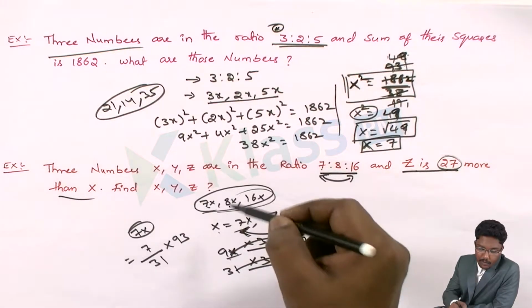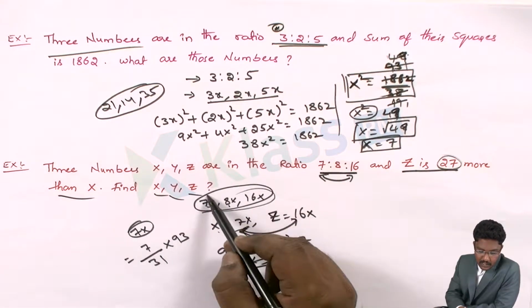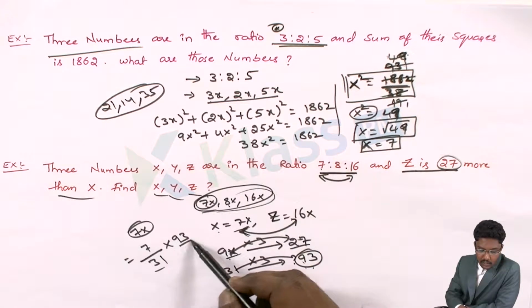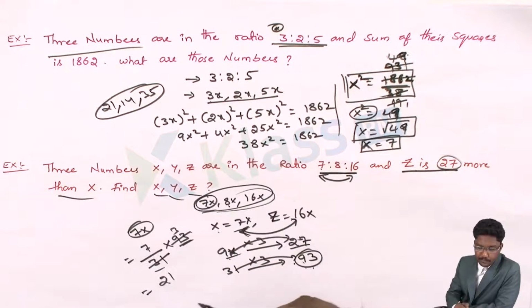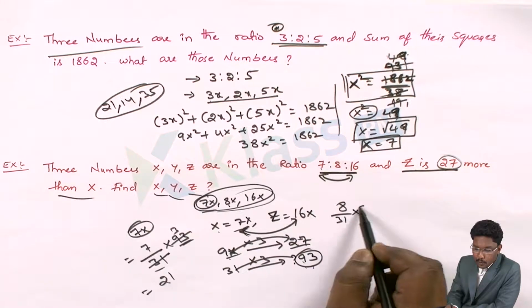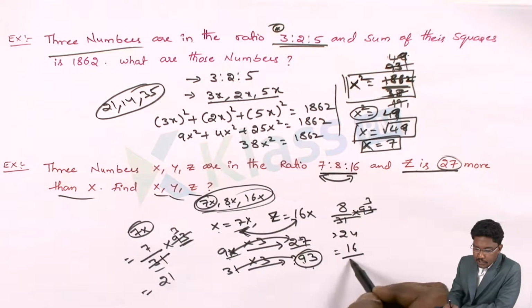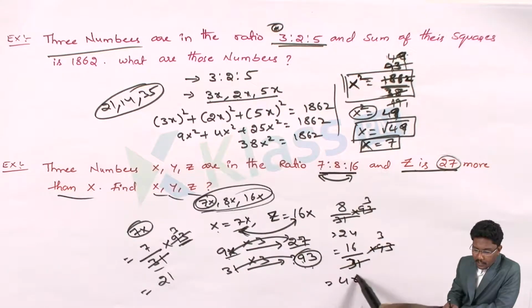In this, we want x share, y share, z share. Okay. x is 7 parts out of 31 parts. But if we want the values, 7 by 31 into 93 is 21. Then what is y? 8 by 31 into 93, 24. Then what is z? 16 by 31 into 93, 48.